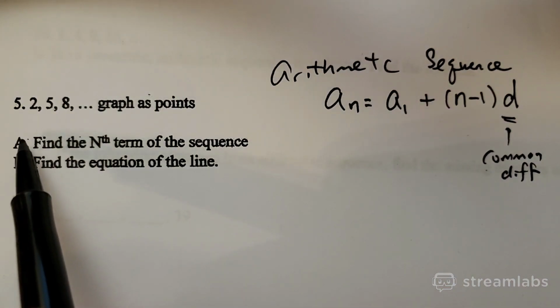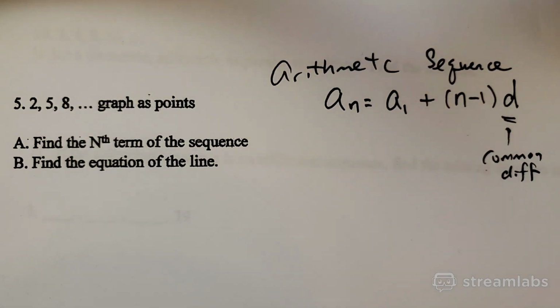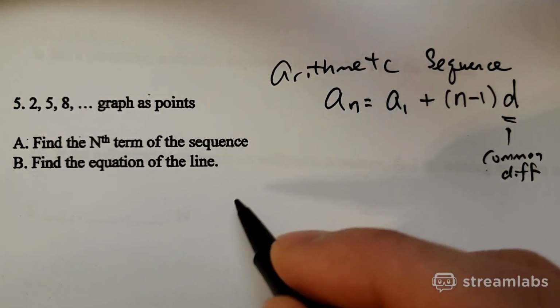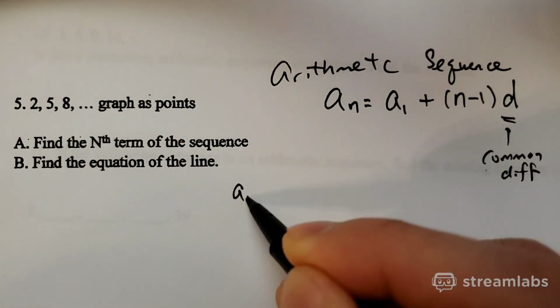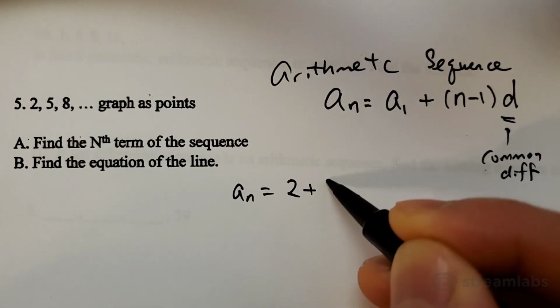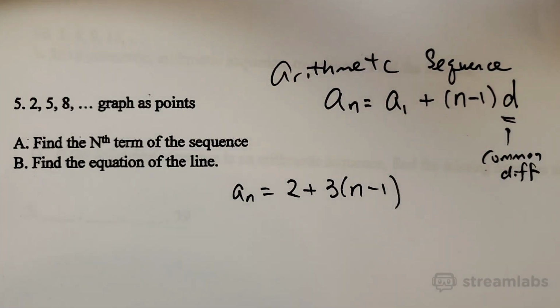This is arithmetic because you're plus 3, right? So plus 3, so it will be what? First term, 2 plus 3 times n minus 1. Okay? So just like that.